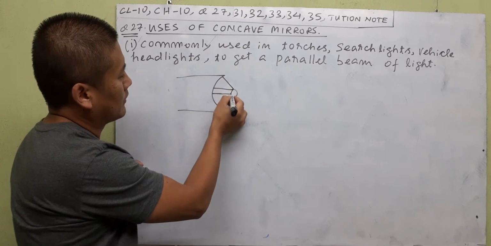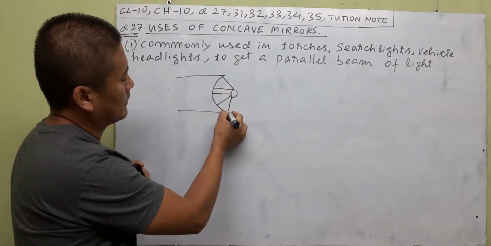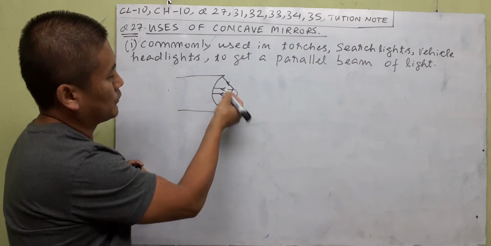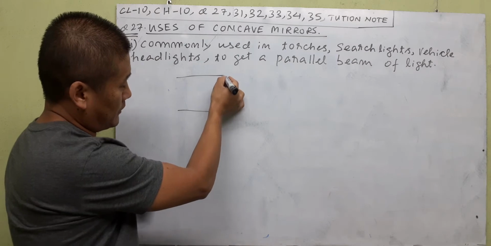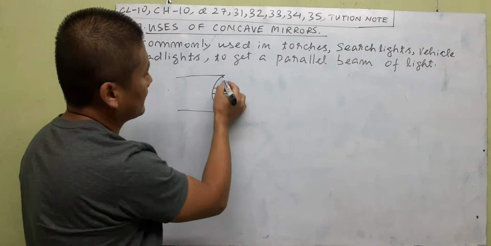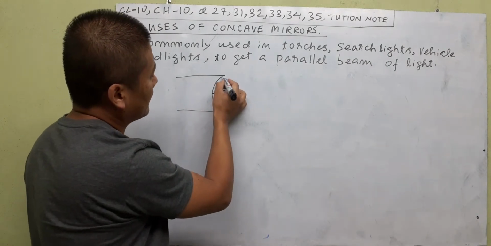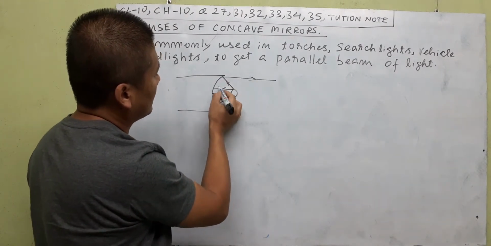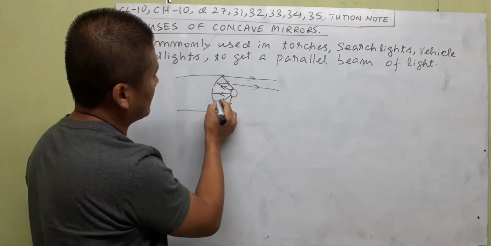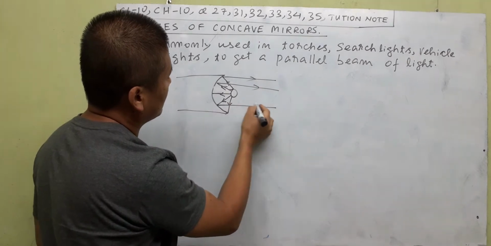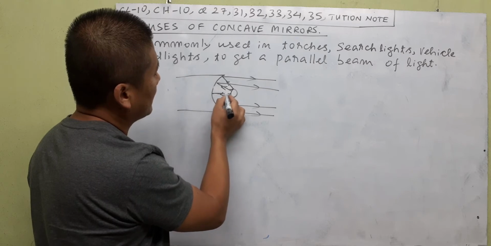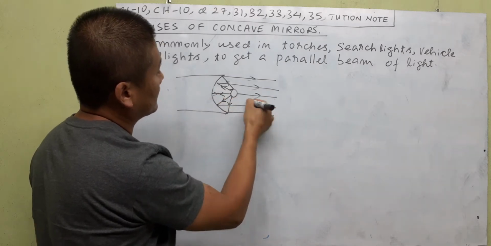These are the incident rays coming from the bulb of the torch. There's a concave mirror inside the searchlight or torch or vehicle headlight, and after hitting the concave mirror they become parallel. The ray which has gone out perpendicular will reflect back and then go like this.